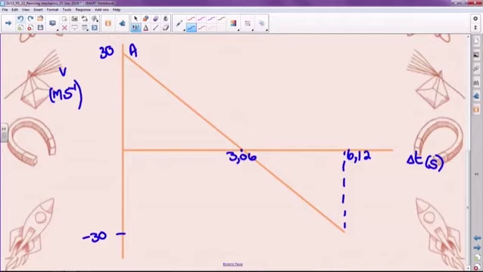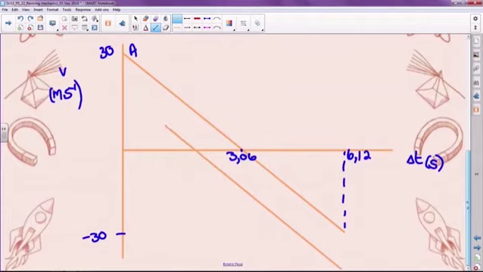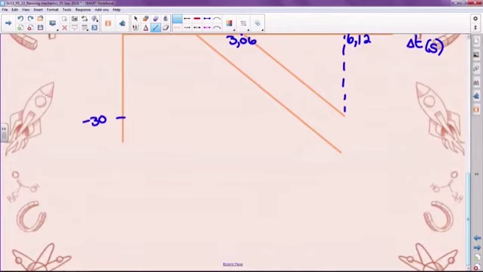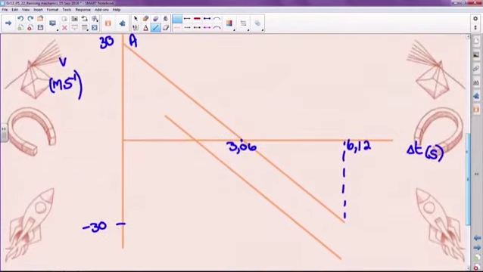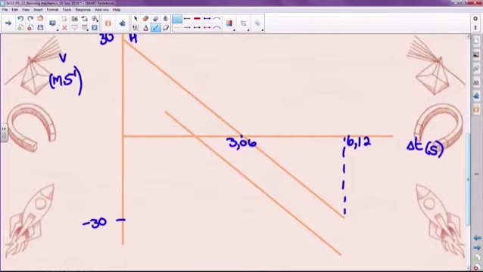Fine, we're happy. Ball B. Now, ball B starts 2 seconds later and hits the ground at the same time. What's important about this ball B? Ball B is going to start 2 seconds later, and I'm hoping you can see on your screens that the line for B must be parallel to the line for A. They experience exactly the same acceleration.